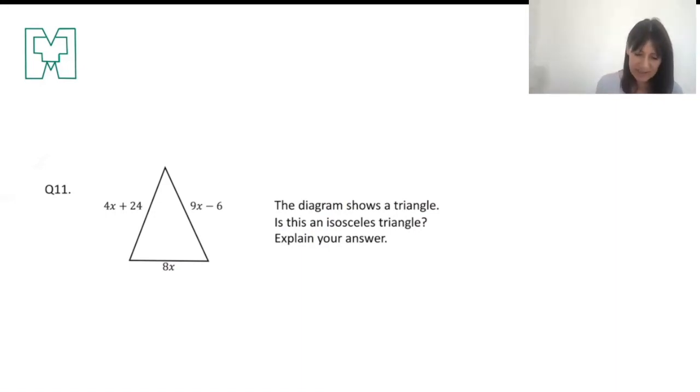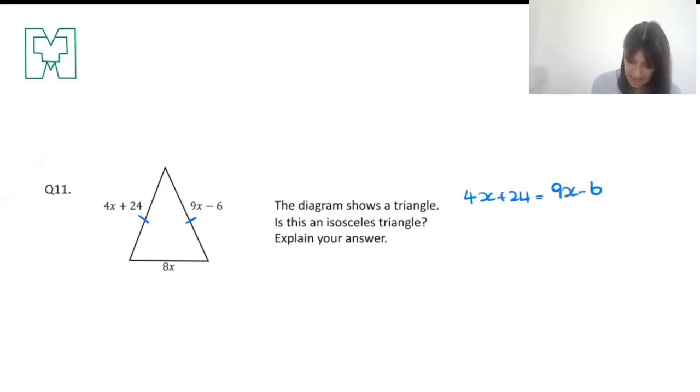Now, if it's isosceles, we should have two edges the same. So we need to set this up. I'm going to set these two up to be the same. There's no reason other than the diagram making it look like it might be those two for me to do that first, all right? But if they're equal, it means that 4x plus 24 is equal to 9x minus 6.